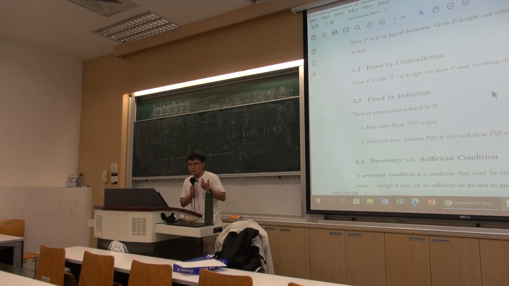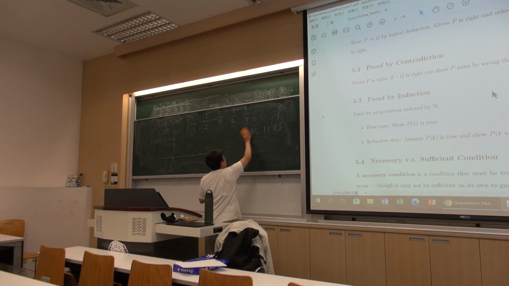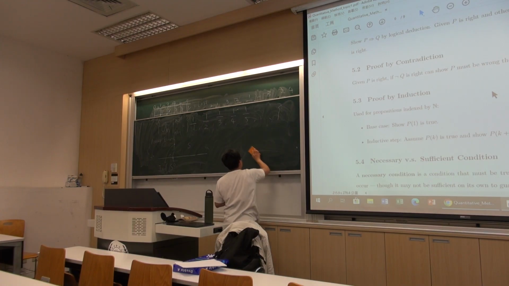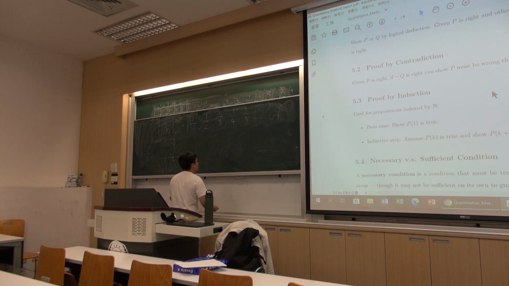And the second way is called proof by contradiction. So it's more like this one. The goal is to say that if P is right, then Q is right.